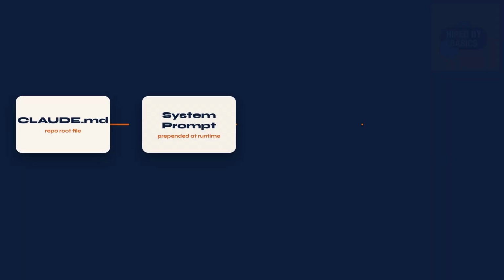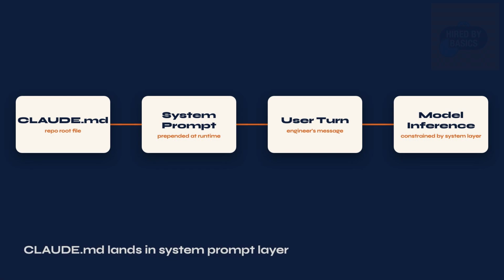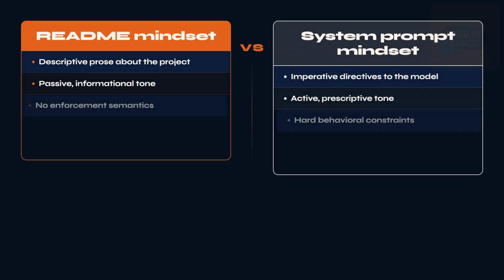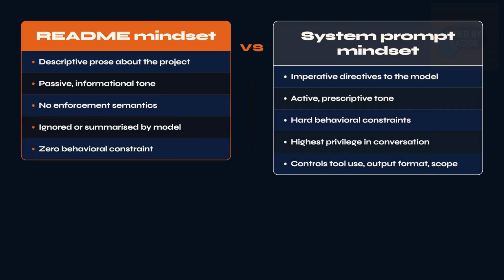Most engineers drop a Claude.md in their repo root and treat it like documentation, a README for the AI. That mental model is wrong, and it costs you. Claude.md isn't read as context. It's prepended directly into the system prompt, before any user turn, before any tool call. That means it operates at the highest privilege layer in the entire conversation architecture.